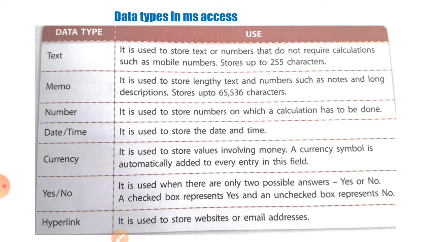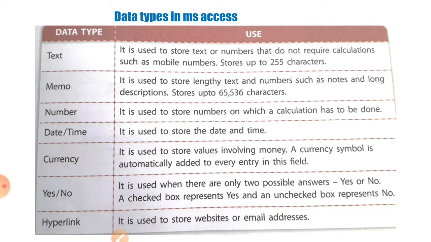The text data type is used to store data, that means text or numbers, that do not require calculations, and it stores up to 255 characters. Next type is memo. It is used to store lengthy text and numbers such as notes and long descriptions.